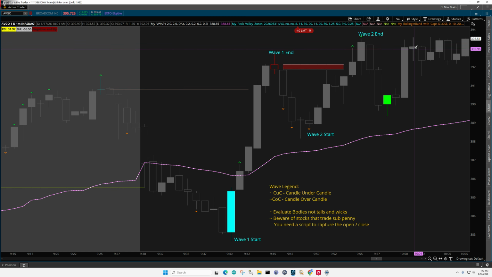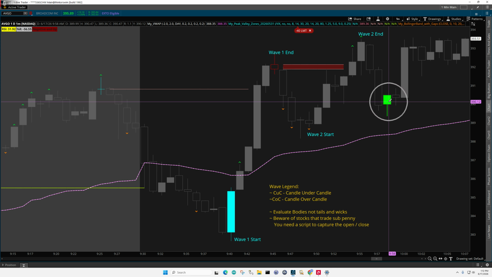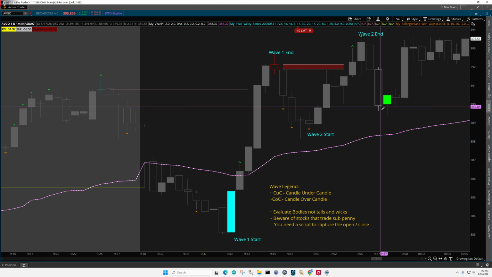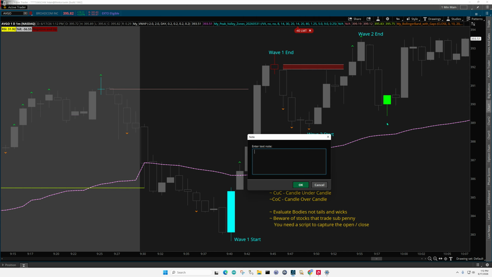But we can see on this candle that this candle body is clearly above this lowest candle body here. So therefore we know price is no longer going down. We expect price to continue. So let's document where wave 3 begins. That's this green body. Wave 3 start.